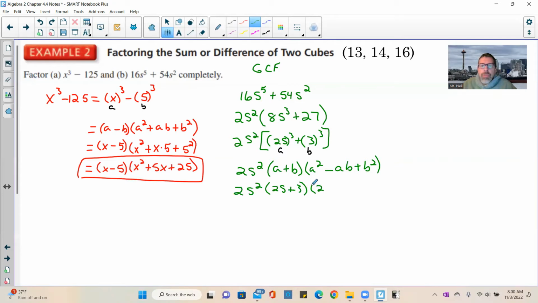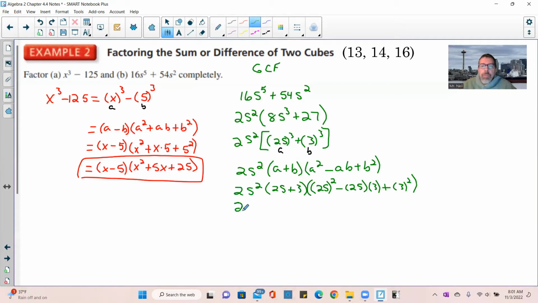2, and let me do it this way. It's 2s squared minus, I'm just going to show all my work, a, which is 2s, times b, which is 3, plus 3 squared.